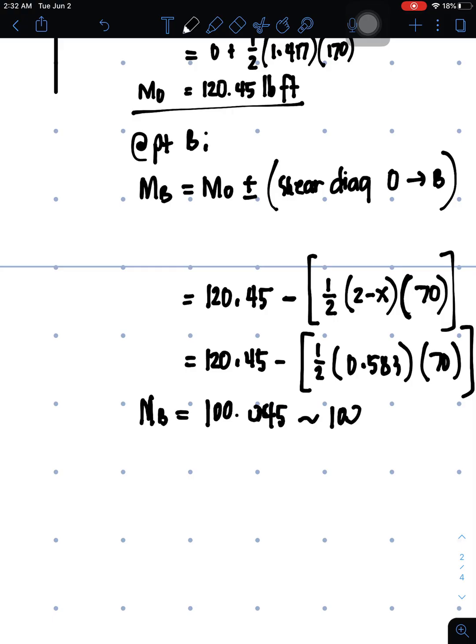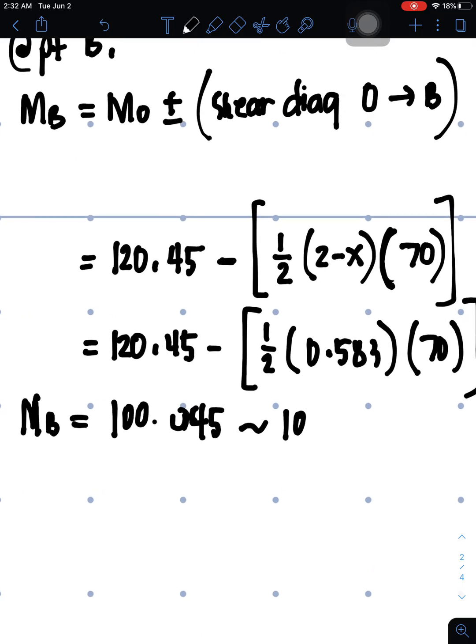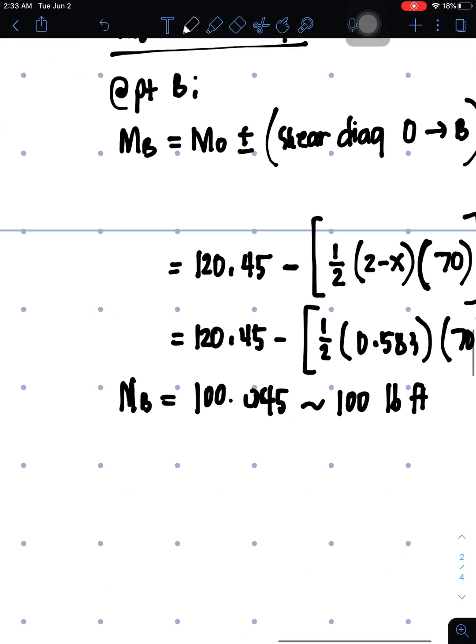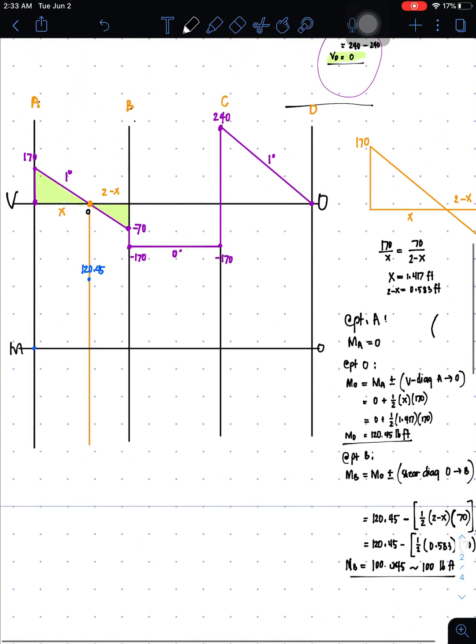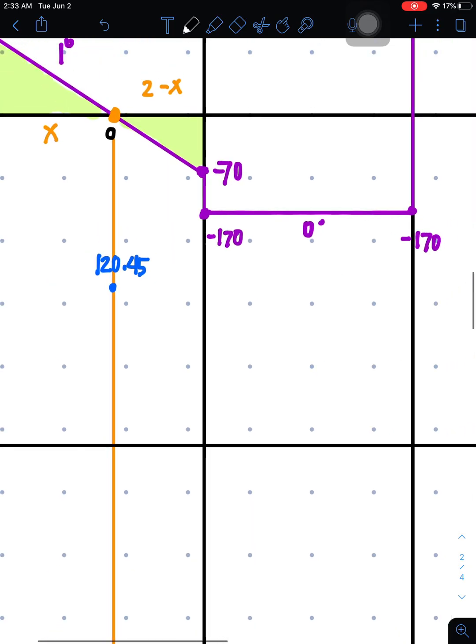This one is 100, not kilonewtons, but pounds. Now I got MB equal to 100.045, or approximately 100. So that's MB.